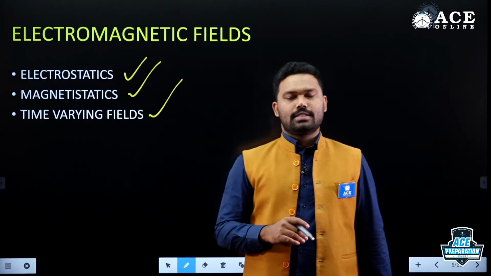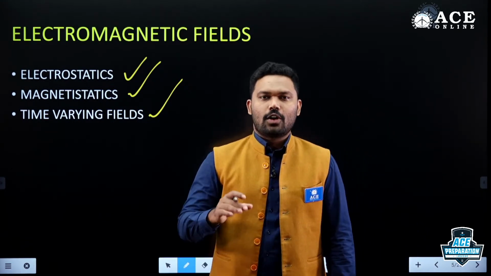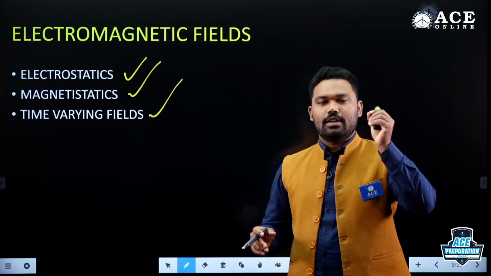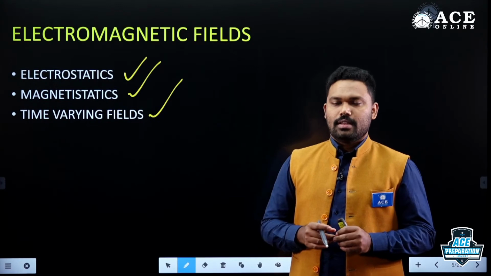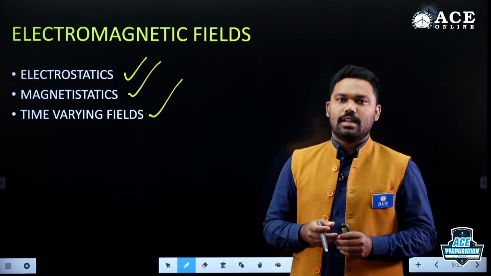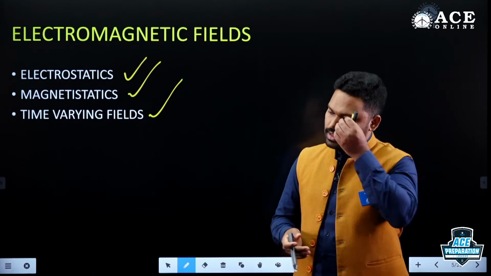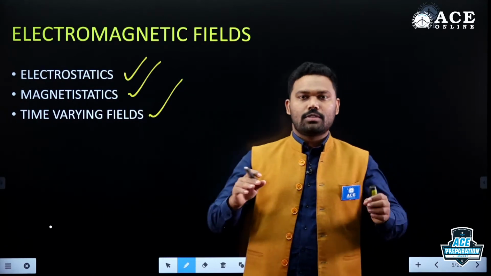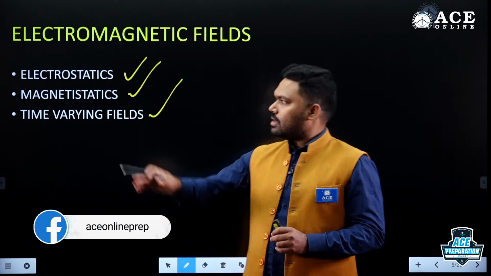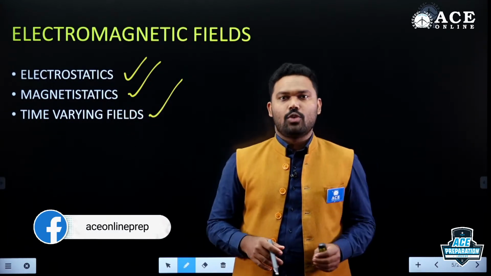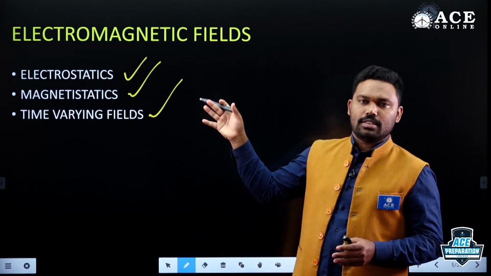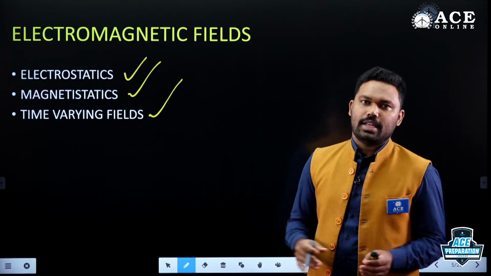In magnetostatics, we'll talk about Biot-Savart's law, different types of current distributions like line current, sheet current, volume current, Gauss law for magnetism, Ampere's law, inductor, boundary conditions. In time varying fields, we'll talk about Faraday's law, Lenz's law, and in the magnetic field also, the magnetic force expression. So these are the subtopics.